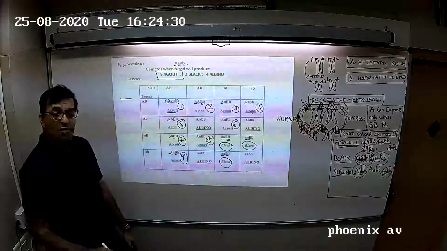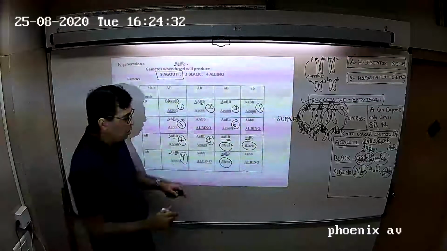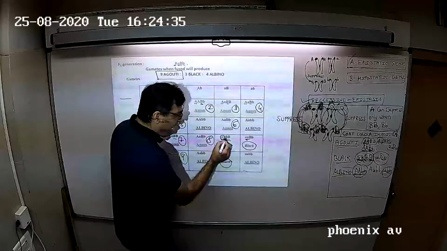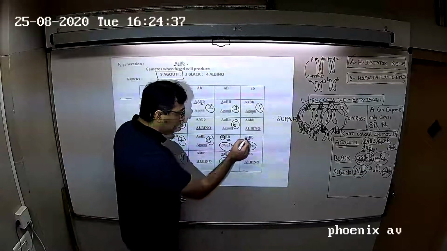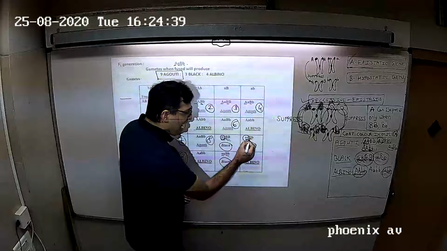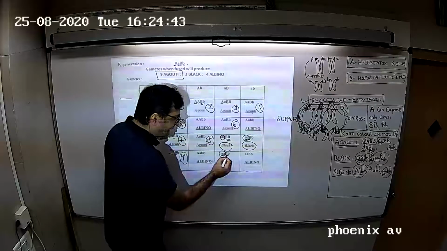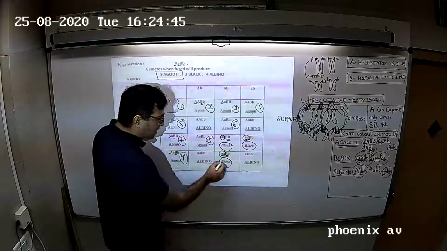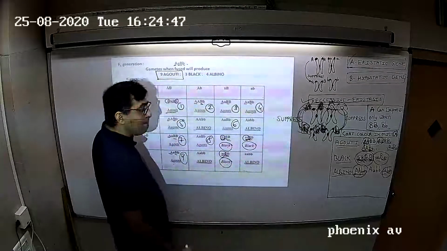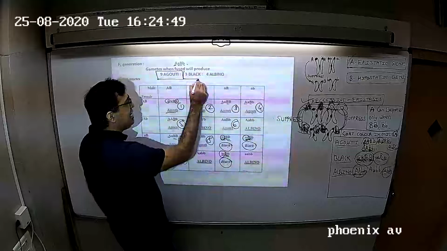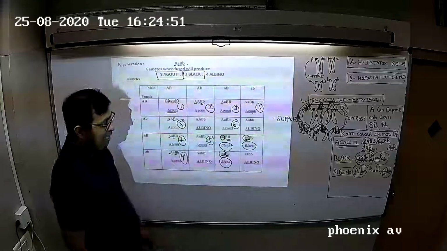Two small a, at least one capital B. What will these three become? Black. And this will become 3 black.